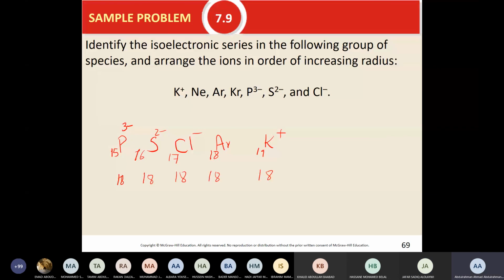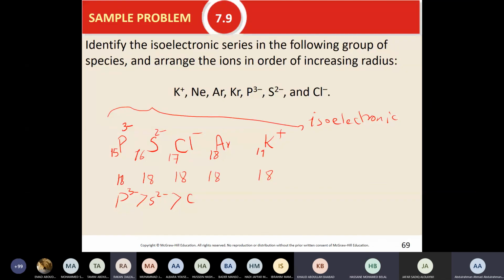Isoelectronic. Now, which one is the biggest in size? Phosphorus 3 minus, that's the biggest. It is bigger than sulfur 2 minus, which is bigger than chlorine minus, bigger than argon, bigger than potassium. Which one is the smallest? Potassium.